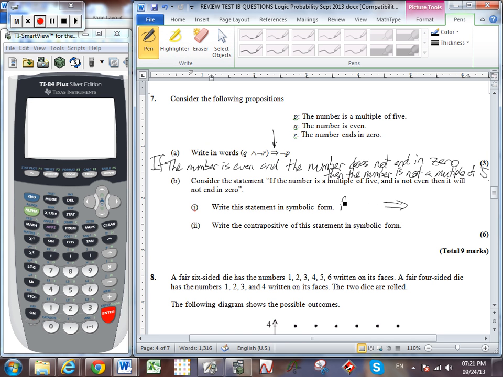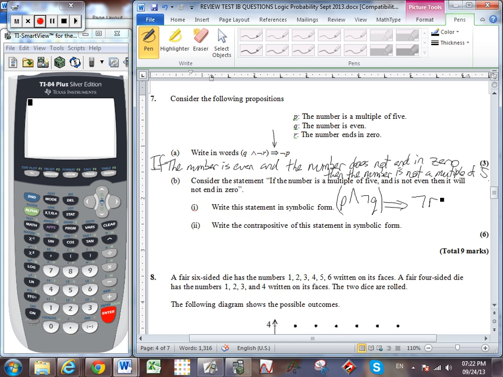So P, and is not even, and not Q. I'm going to stick this into parentheses to show that these are the two things that together are forming my argument. These are all of the propositions, and then it's the conclusion that we draw from these. Then it will not end in 0.